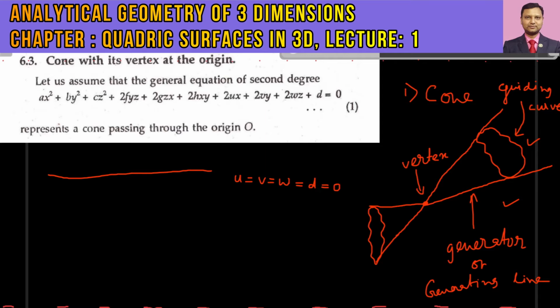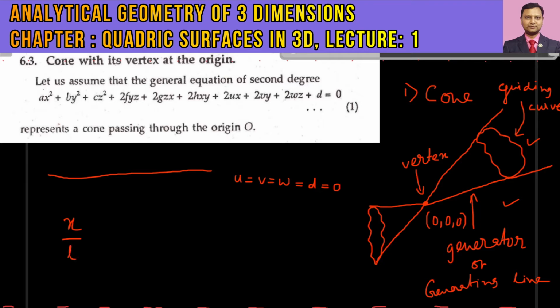That means the vertex would be 0, 0, 0, and a generator passing through this origin 0, 0, 0. The equation of the generator can be written as x by l, that is equal to y by m, that is equal to z by n.